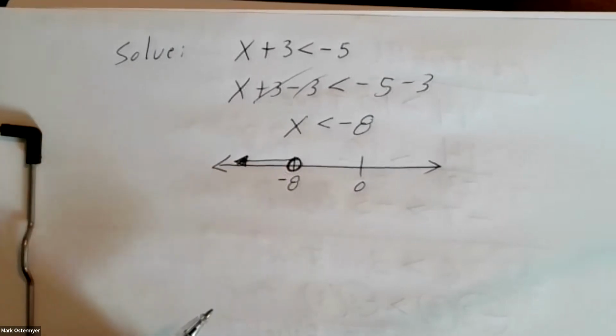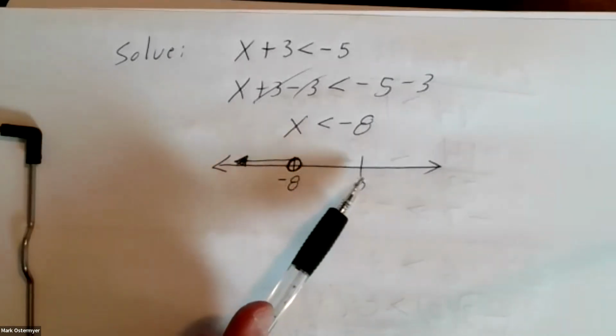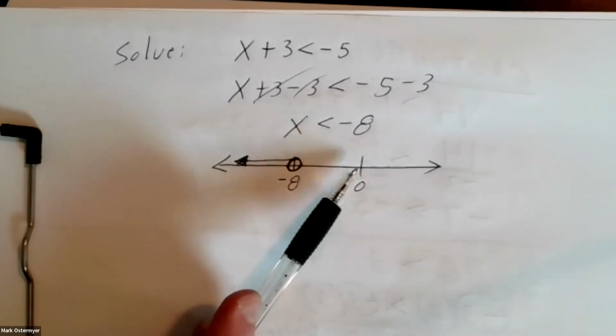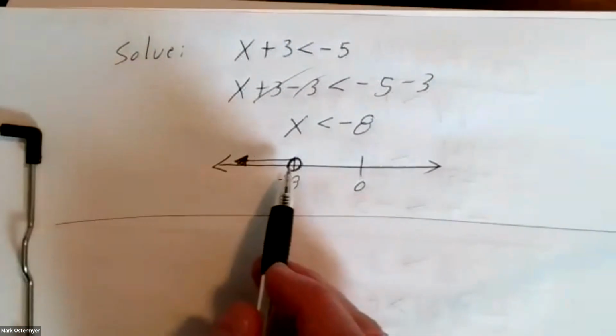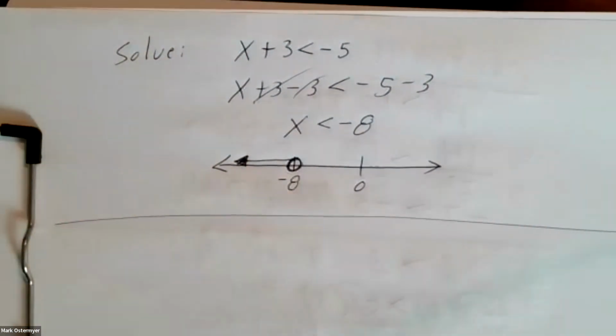Would 0 be a solution? Nope. 0 is not a solution. It's not in the graphed area. 0 is greater than -8, not less than -8. All right, so all the solutions to this are any number less than -8. Any questions how we solve that inequality?